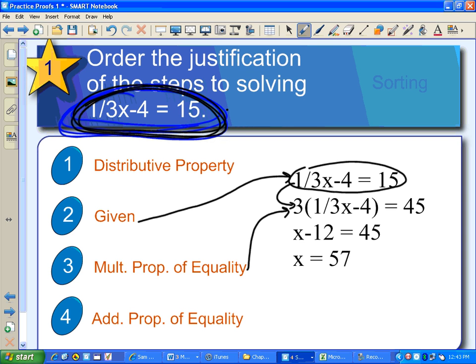Next, I multiplied this 3 inside here. The right side of my equation didn't change, so I know it's not some property of equality, but since I'm distributing, I've used the distributive property to get here. And then I would add 12 to both sides, and the addition property of equality is what allows me to get there.